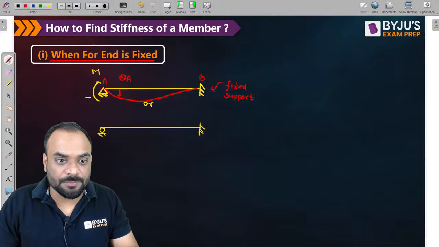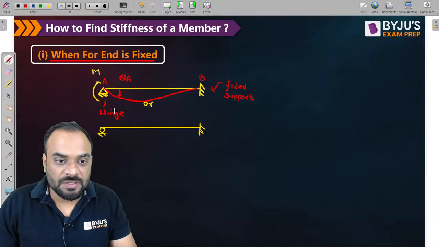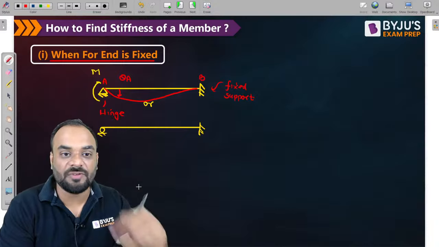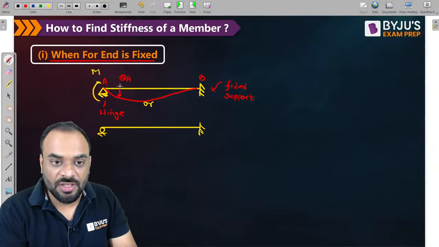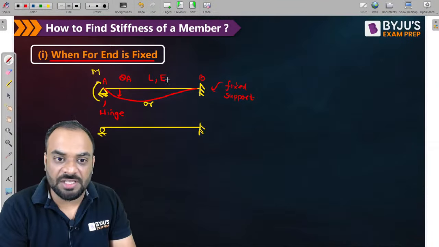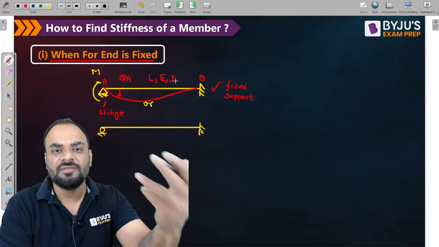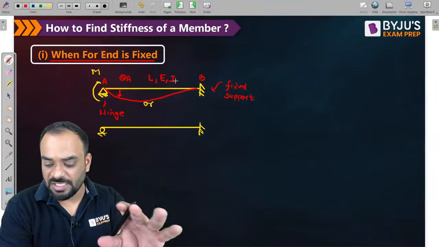This one is fixed support and this one is hinge. Now the question is, sir, what is the stiffness of this member when the far end is fixed? That is the question. So let us consider we have a length L, we know the property of material E, and we know the cross-sectional property of the member, which is I, the moment of inertia, right?